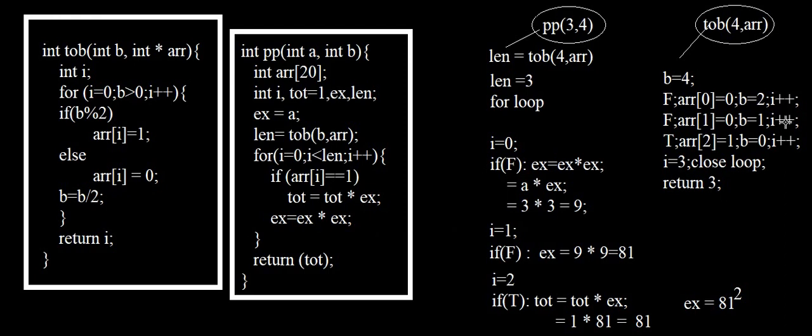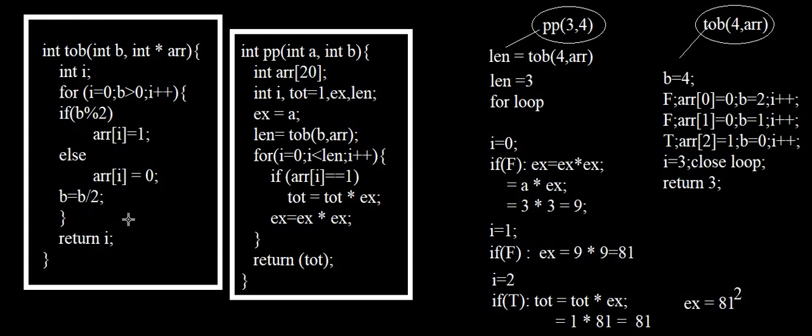Okay, now again we increment I plus plus, and now b equals to 1 mod 2, which is 1, and now the condition becomes true. Now we need to execute array of 2 equals to 1, and b equals to 0, because b was 1 and 1 by 2 is 0, because in integer we have 0 for 0.5.